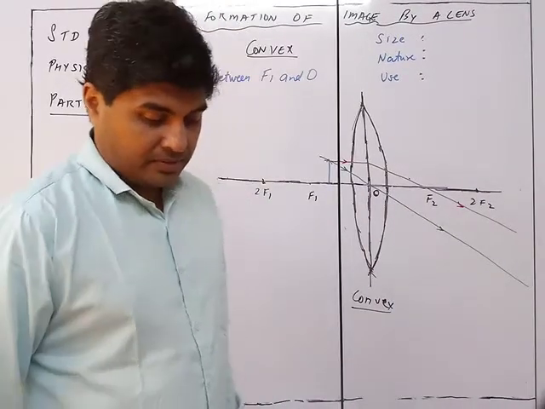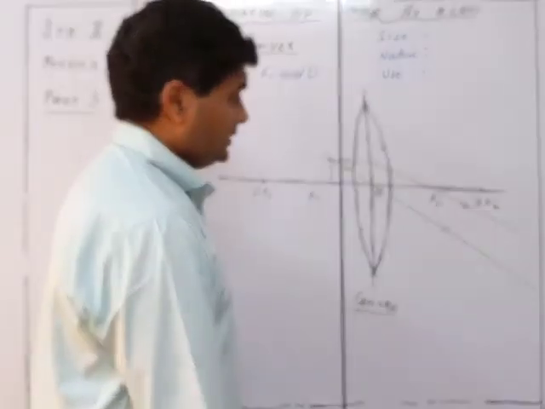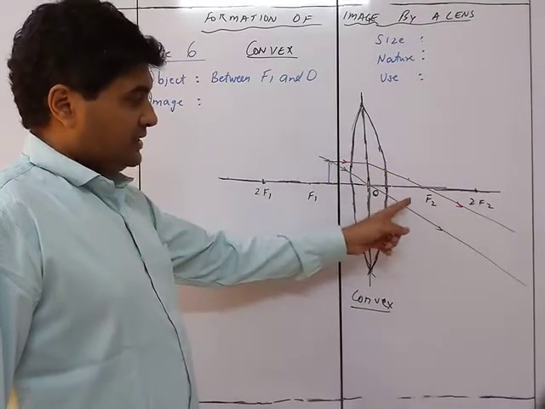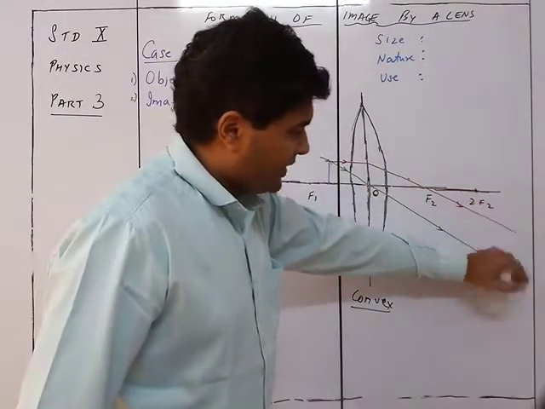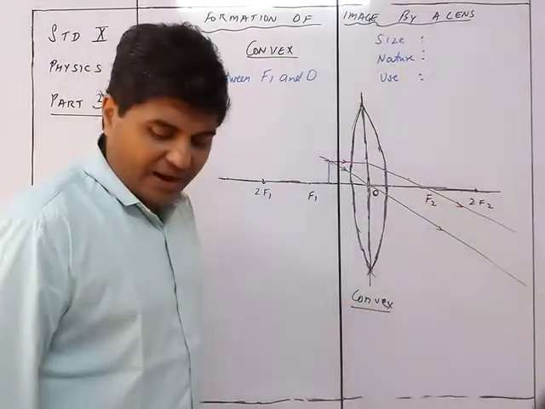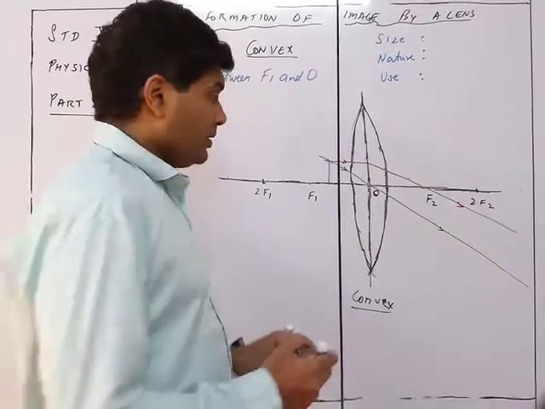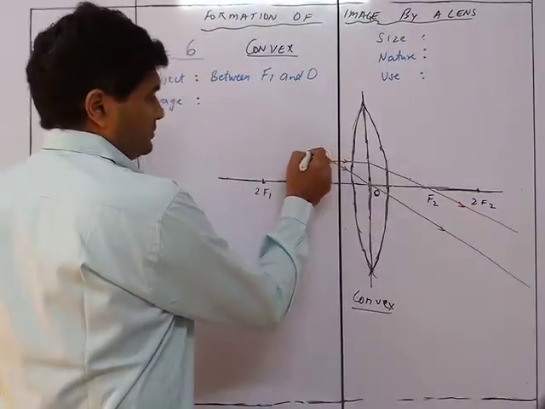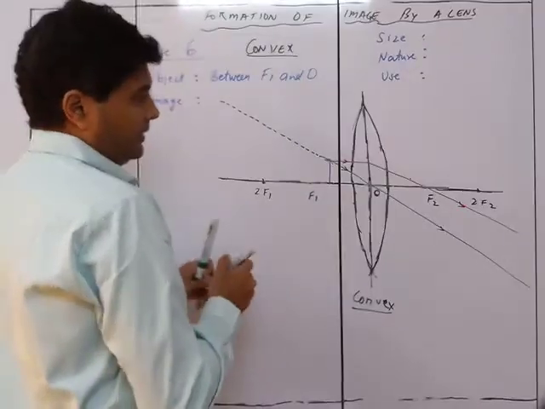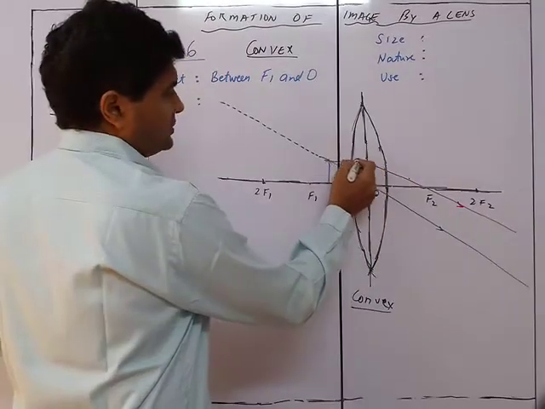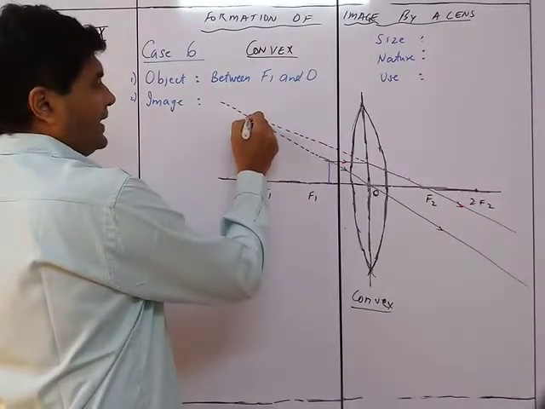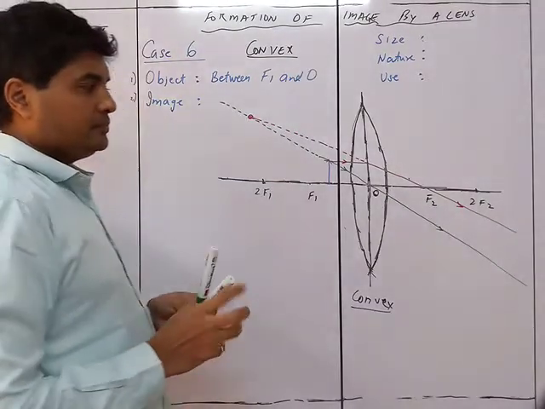What has happened? So you can see over here that the two rays are not intersecting here, that is, they are going to in fact deviate out. But if I try to bring them backwards, they are intersecting at this point.